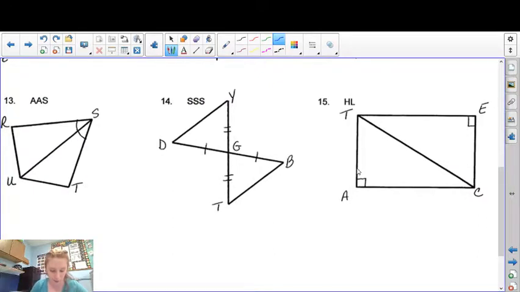I need angle, angle, side. I have the side here. It's my congruent guy. So I can't use U. U would cause the side to be in the middle, so it has to be angle R. It has to be angle T.